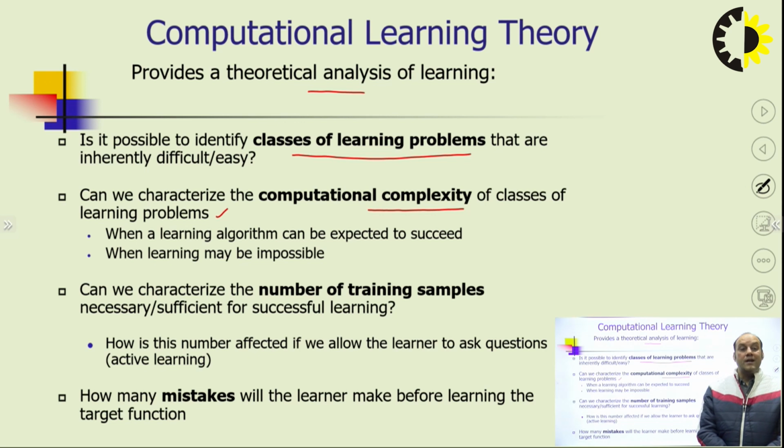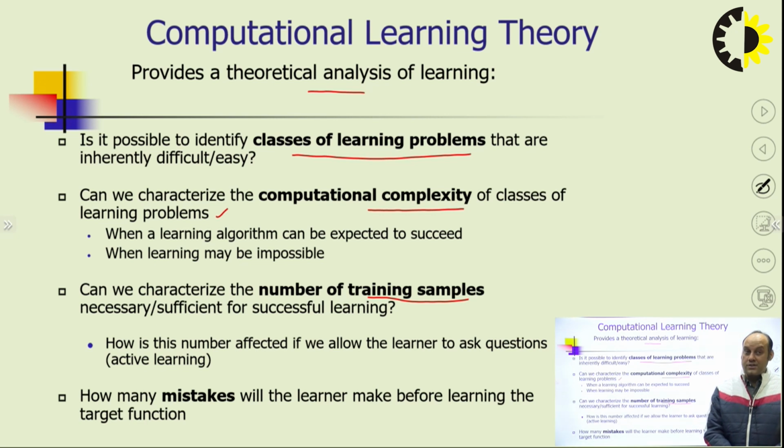Okay. So when a learning algorithm can be expected to succeed, or when learning may be impossible, it may be a case. Okay. Next, can we categorize the number of training examples that are necessary or sufficient for successful learning, so that after studying this computational learning theory, we will find out how many training examples are sufficient for successful learning.